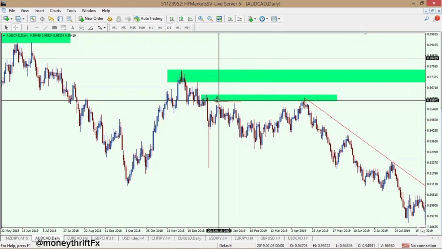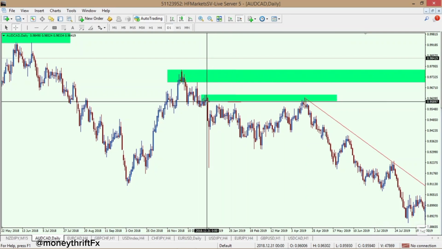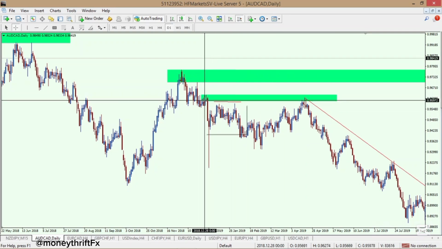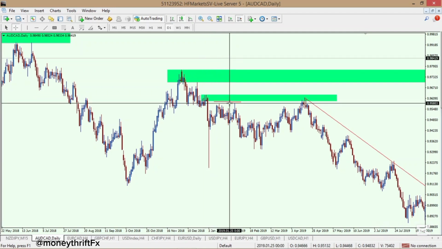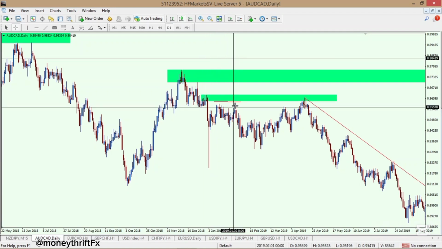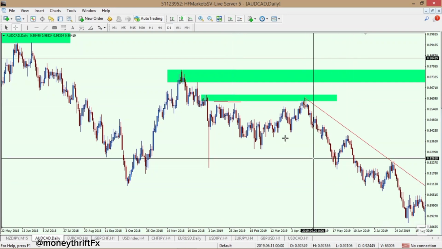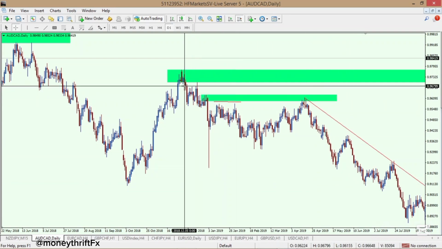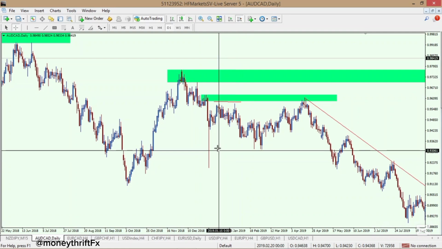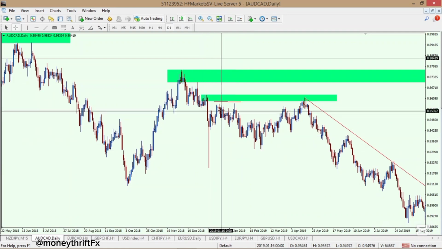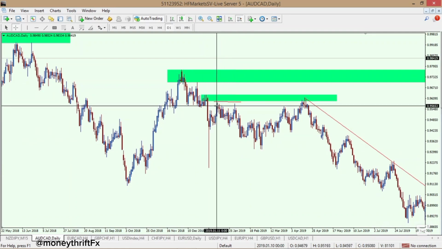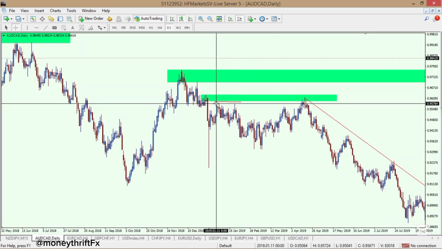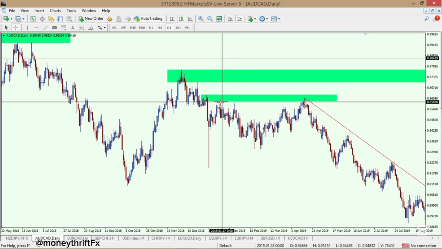So that's why I decided to choose the supply zone that is in this area, because if they get to the supply zone in this area, then they will have taken those stop losses already, and then there will be liquidity in the market again for them to keep moving lower. So you can see, first of all, I used my Fibonacci, then I used the double top and my understanding that the market makers would like to hunt people's stop losses or buy stops.